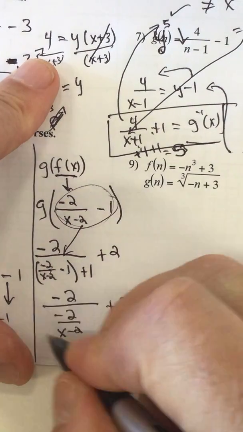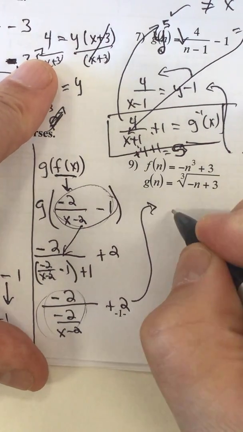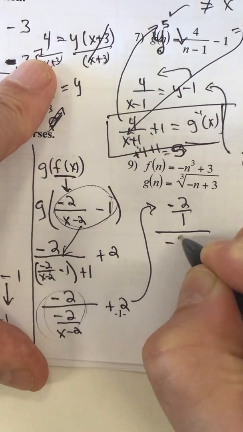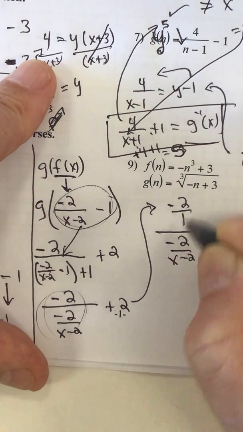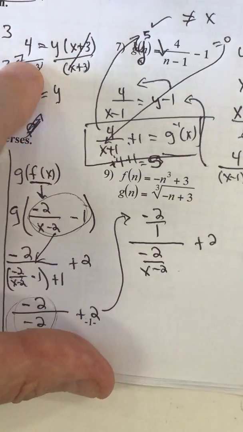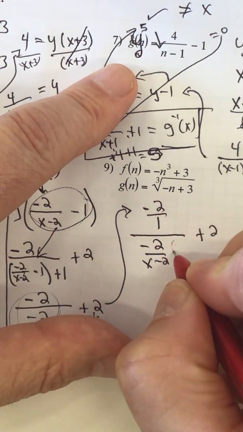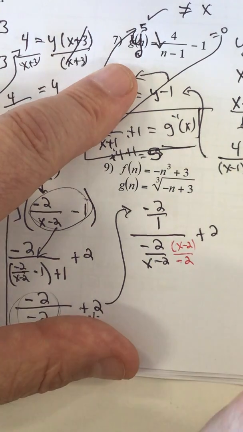Okay, same thing. I would like this 3 stacked up fraction to be a 4 stacked up fraction. So I'm going to make it negative 2 over 1 over negative 2 over x minus 2 and try to simplify this. Okay, I'm going to do the same trick. I like to get the bottom one just to cancel out. So I'm going to multiply the bottom by x minus 2 over negative 2.